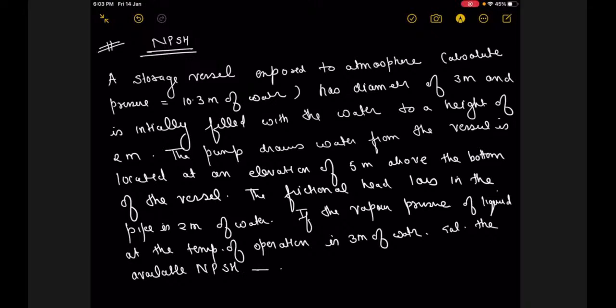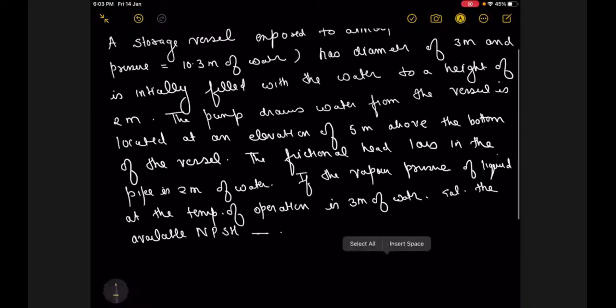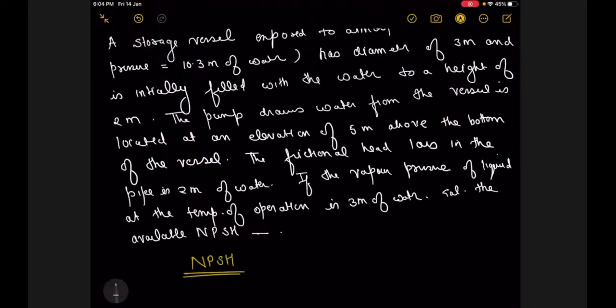Okay. So basically NPSH is net positive suction head. Here net positive suction head basically means how much is the suction pressure, which is mostly equivalent to the atmospheric pressure.